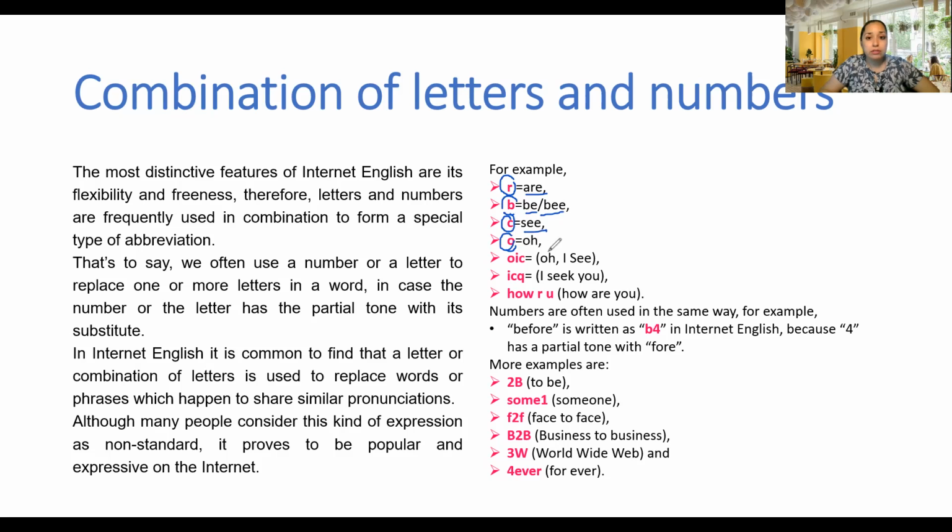The letter O is used to talk about "oh". OIC is "oh, I see". You see the resemblance? Oh, I see. ICQ is "I seek you". And "how R U" is for "how are you", because it's very similar to what you're saying.